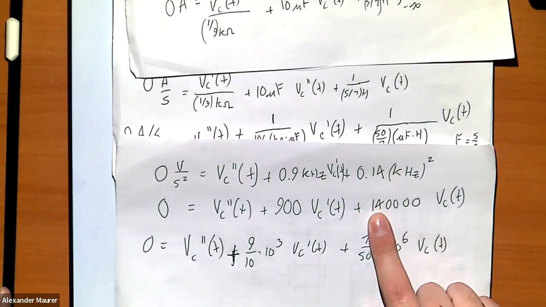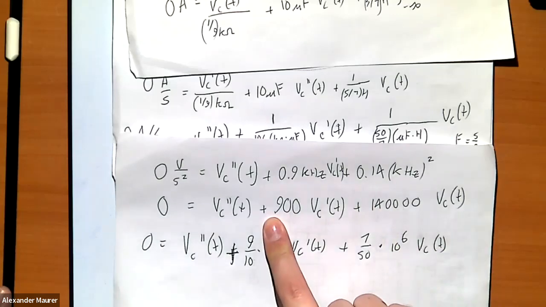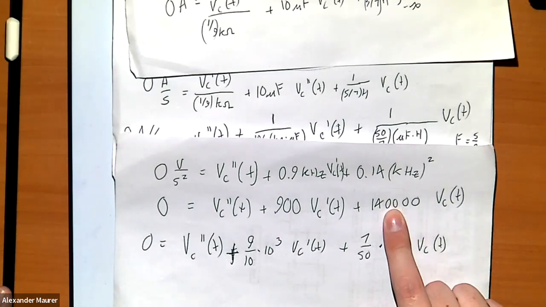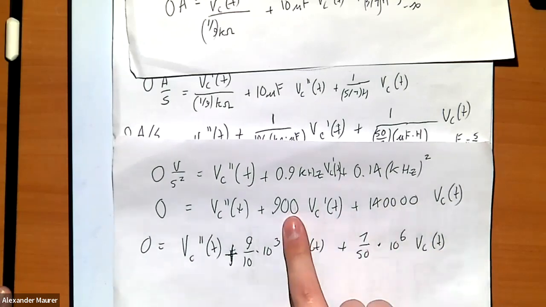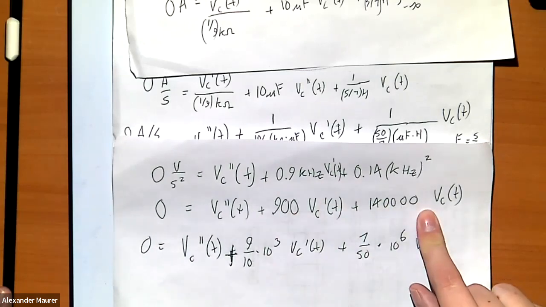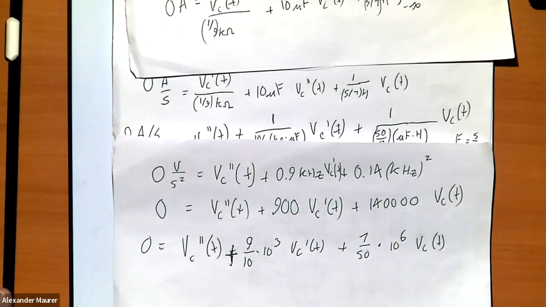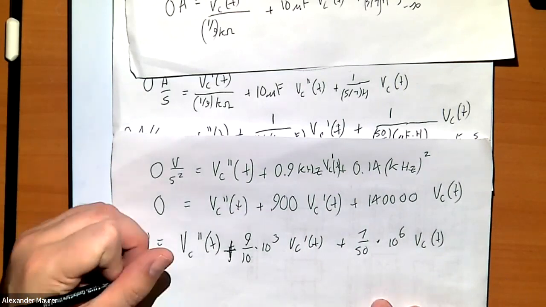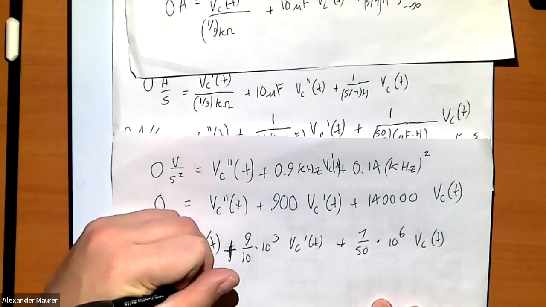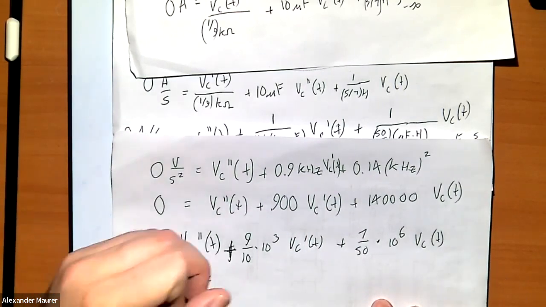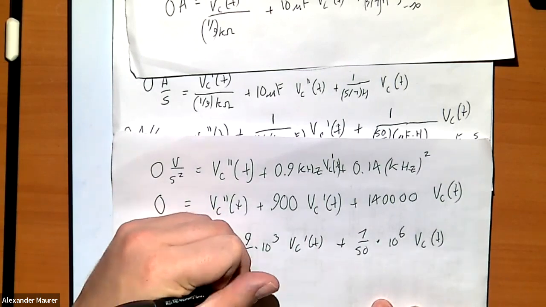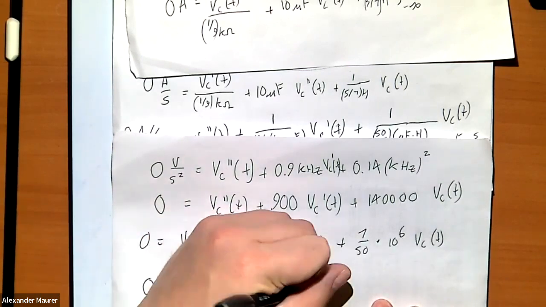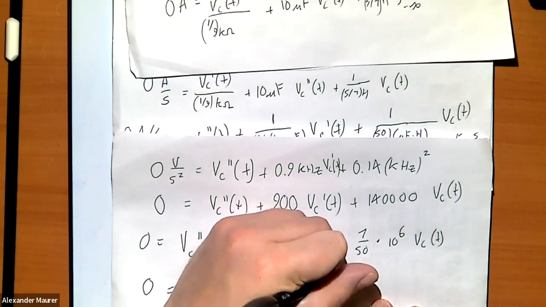Hey, look at that. 14 has factors of 2 and 7 as prime factors. 2 plus 7 is 9. And then I've got 00, 00, 00. So if we throw this into the quadratic formula or factor it, it's not going to matter. The characteristic equation tells us that 0 is equal to s squared plus 900s plus 140,000.